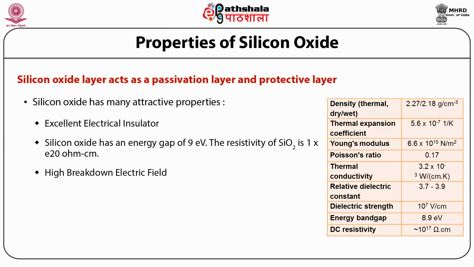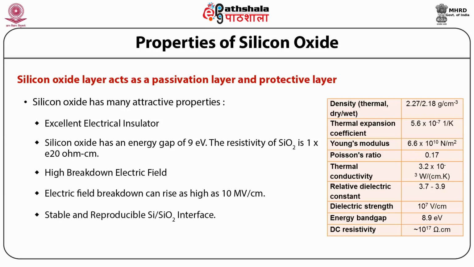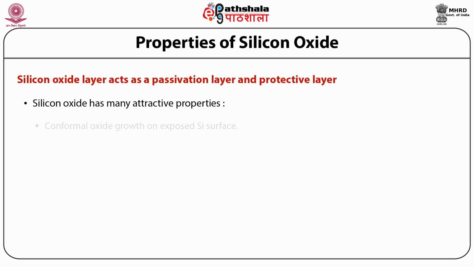Second, high breakdown electric field. It can rise as high as 10 megavolts per centimeter. Third, stable and reproducible Si-SiO2 interface. Fourth, conformal oxide growth on exposed silicon surface.